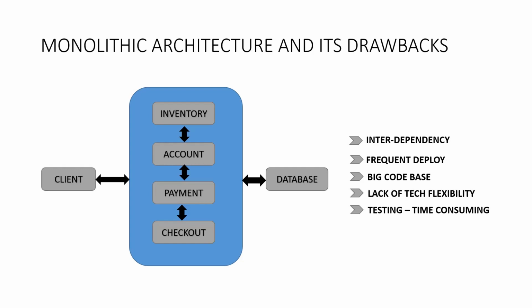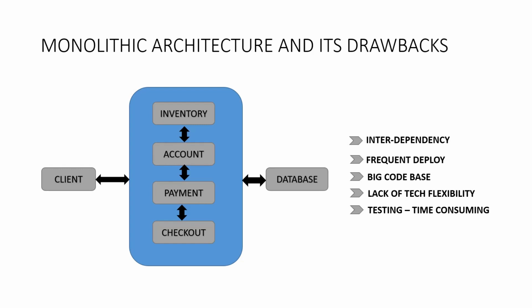The final drawback is testing time consuming. The tester team will take more time to complete the regression testing, more than before. As I said earlier, if the functionality grows, your code base grows, but even if there is no impact on the functionality of the modules which you are not currently deploying, the tester has to test that functionality as well, even though there are no functionality changes.